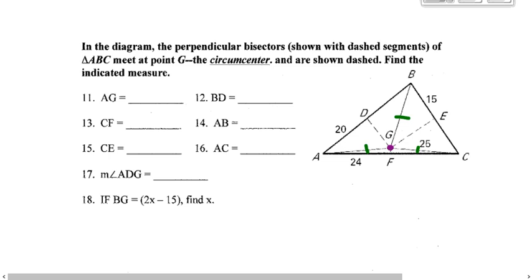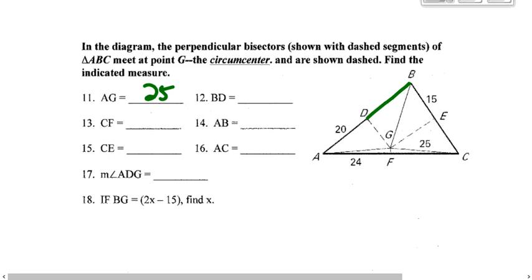Now I can answer the questions. AG, I'm trying to find the distance of AG, which is this right here. I have to look at one of these other two. I can see this one is 25, so AG also has to be 25. Number 12 is BD, which is right here.